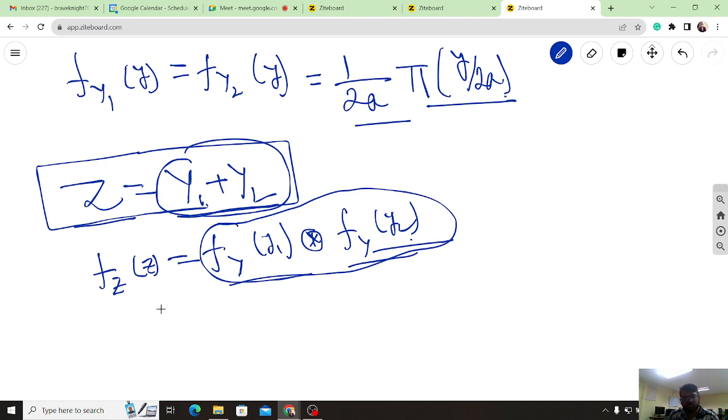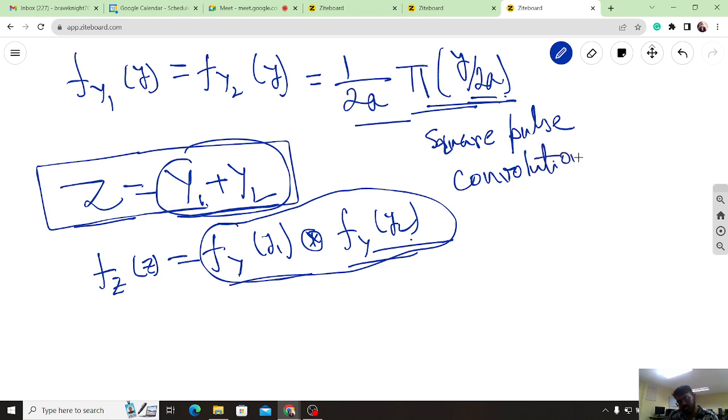So what will come? Convolution of these two square pulses will give us a triangular pulse.